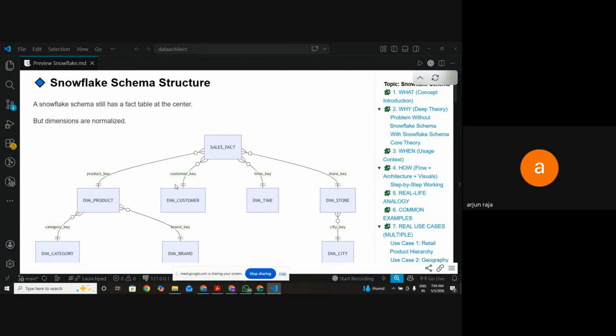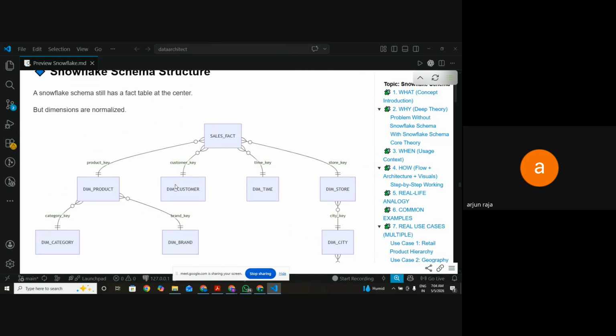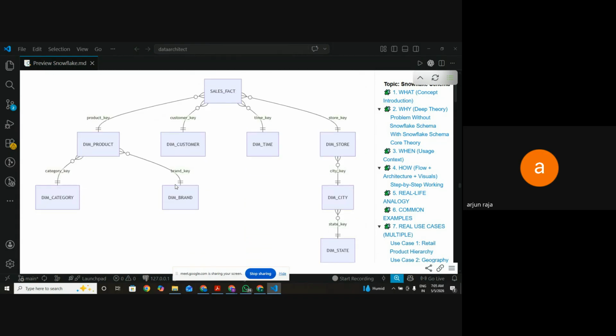So the sales fact will have product dimension, customer dimension, time dimension, and stores. Then product again will have product category and product brand. Stores will have city and state.